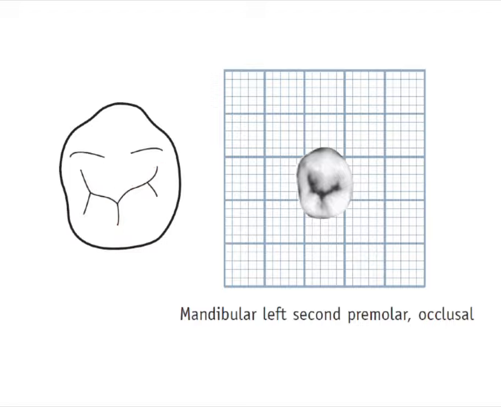The developmental grooves end with two triangular fossae, mesial and distal triangular fossae, which are at the marginal ridges. The mesial and the distal marginal ridges are equal in size and parallel to each other.